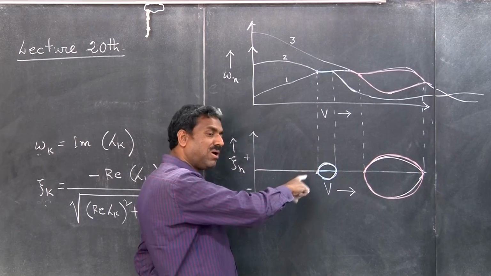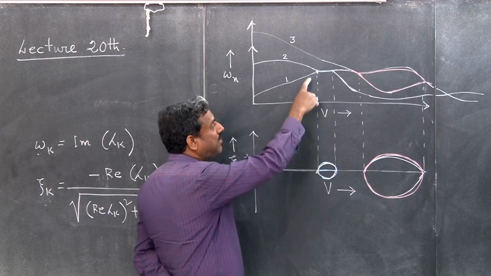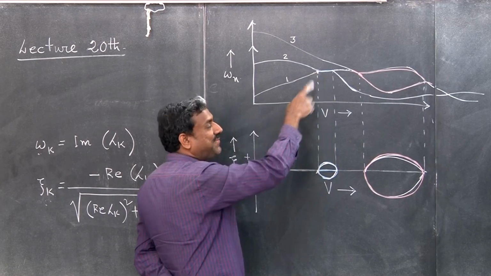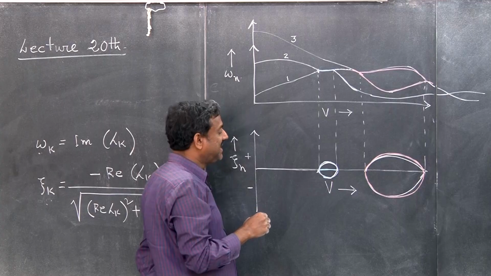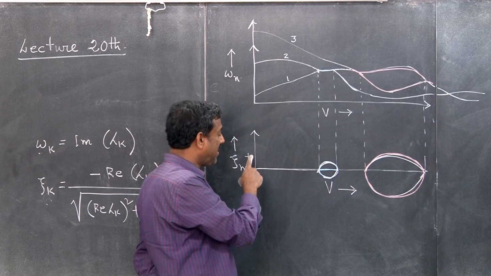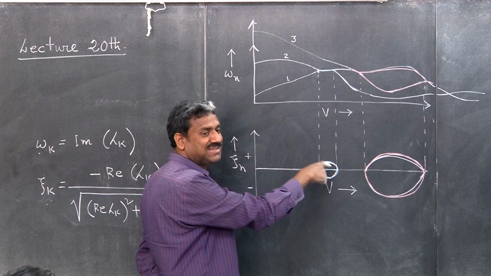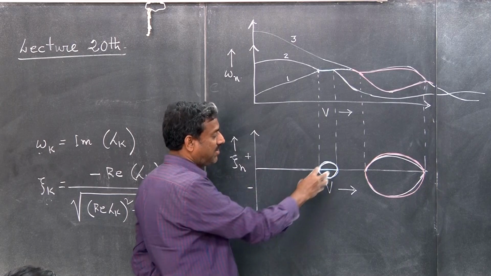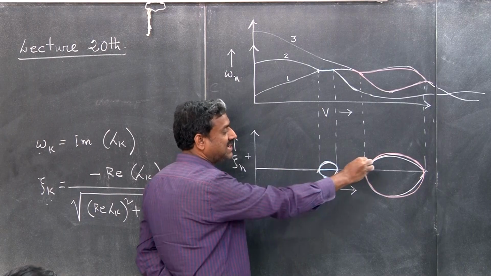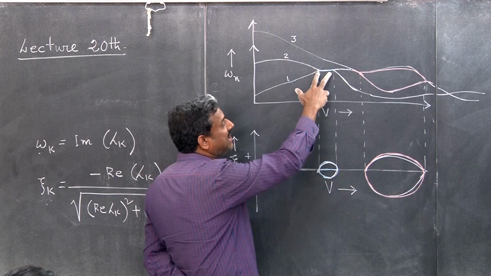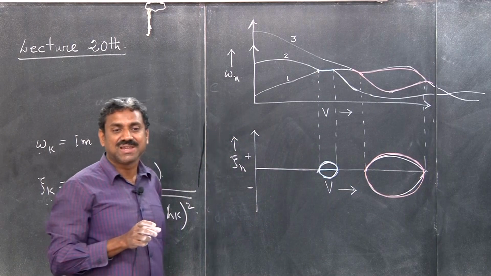So even though both are coalescing, one part of it has positive damping and the other is negative. That's why this kind of locus is given. And it can be a smaller size, it can be a larger size depending on the span of these coalescences and bifurcations.